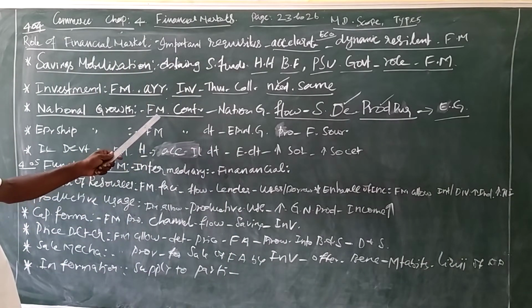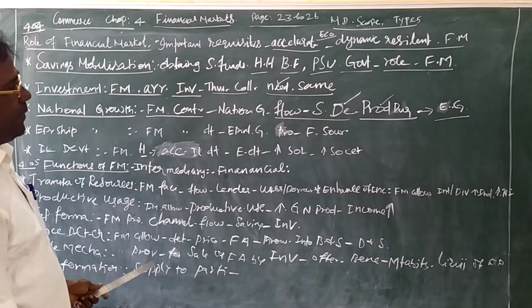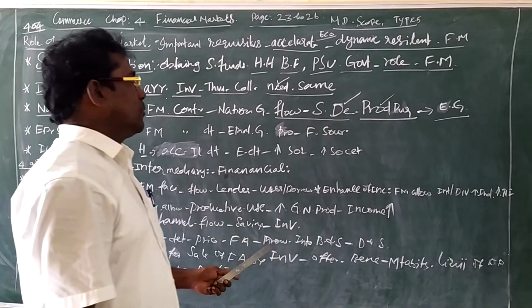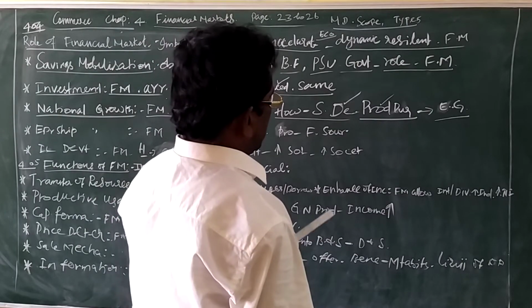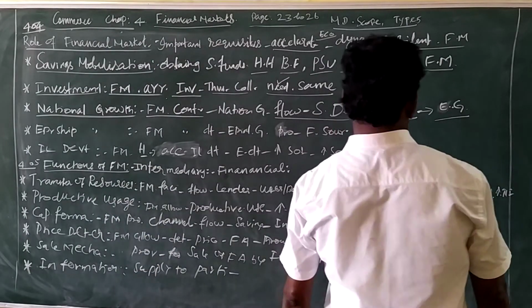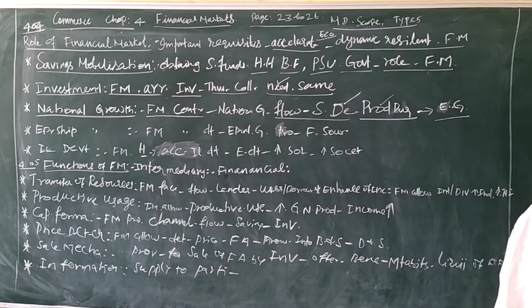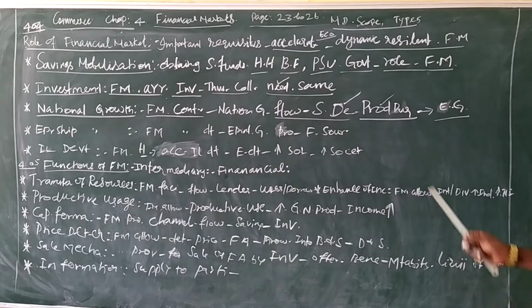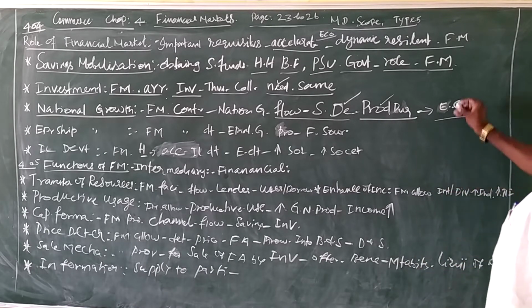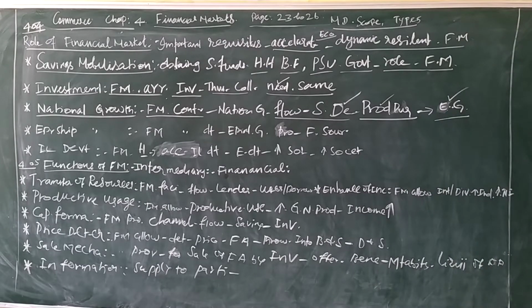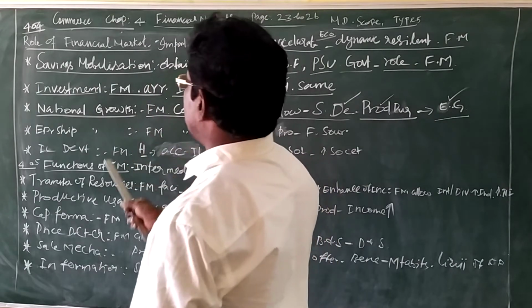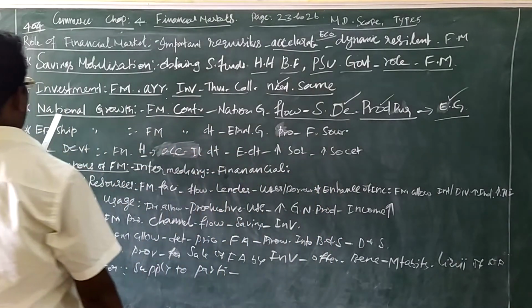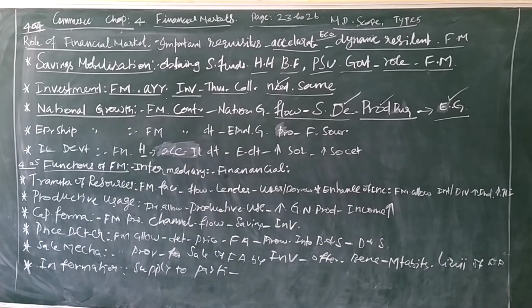So the financial market contributes to national growth by way of flowing of funds from surplus to deficit sectors, and that should be placed for productive purposes only, not for any other purposes. The productive purposes lead to overall economic growth of the nation. In such a way, the financial market plays its role in national growth.